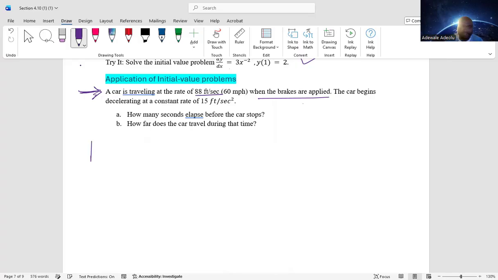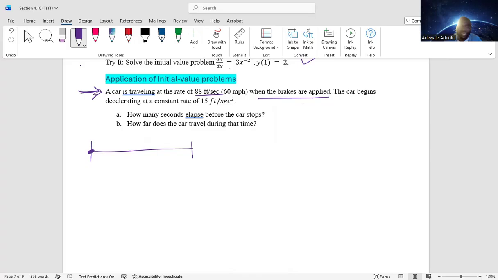I want to account for the point where it applies the brake, here. The car begins decelerating. So that journey of deceleration is what I want to account for. From that point where it starts to decelerate, let's see what happens.